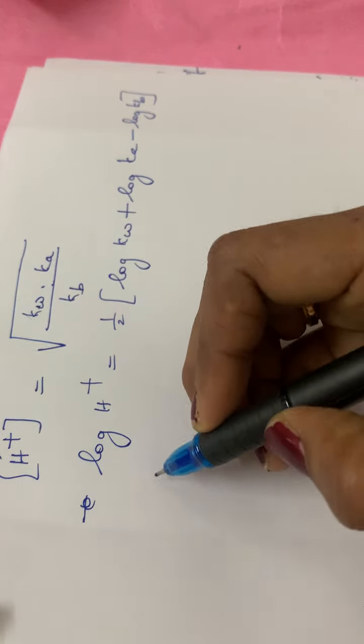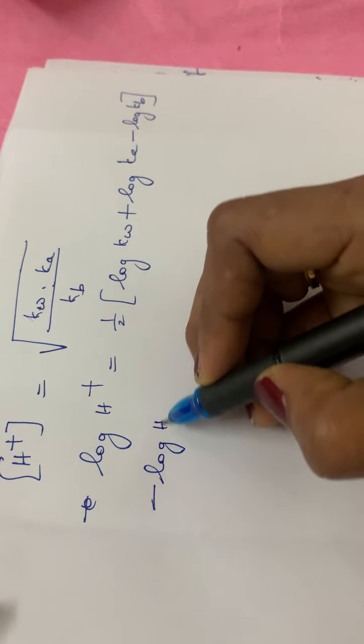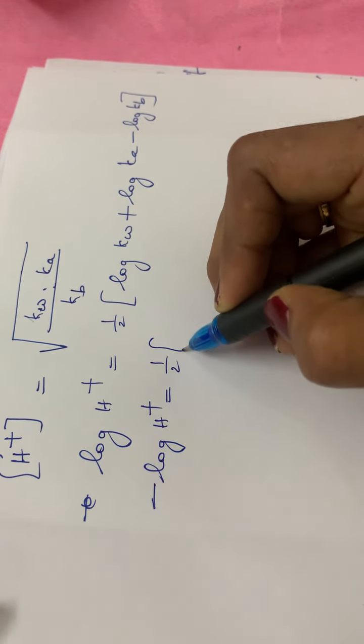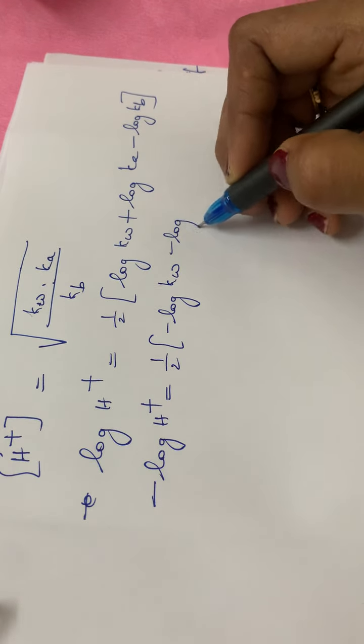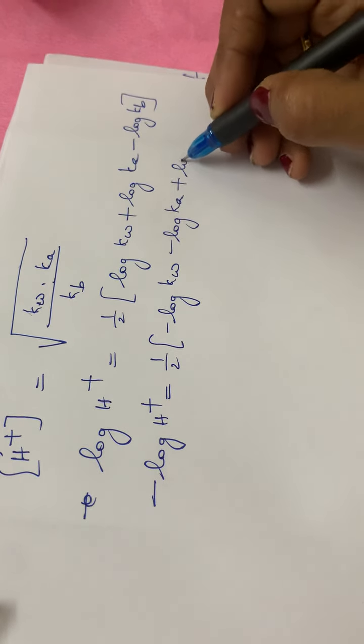Then again taking negative logarithms, it becomes minus log H plus is equal to half into minus log Kw minus log Ka plus log Kb.